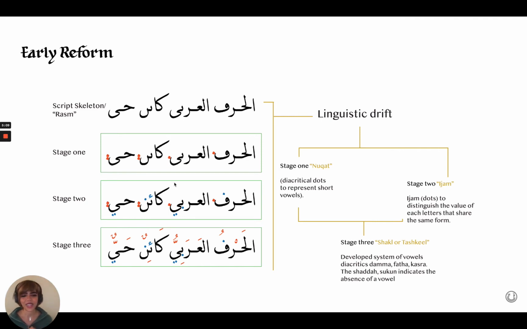And that is where the second stage occurred, which is called al-i'jam. I'jam is to distinguish the value of each letter that shares the same form, and it also used dots. So niqat and i'jam have a similar definition of the word dots. Now there was another linguistic drift that happened because the two systems use dots.